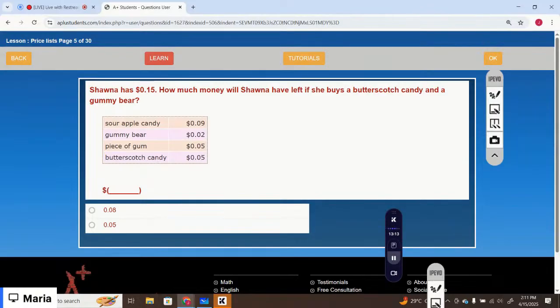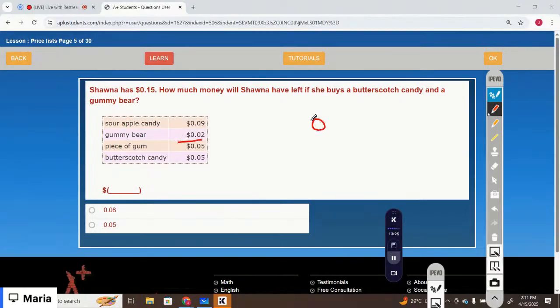Shauna has $0.15. How much money will Shauna have left if she buys a butterscotch candy and a gummy bear? Gummy bear is $0.02 and butterscotch candy is $0.05. She has $0.15. How much money will Shauna have left?